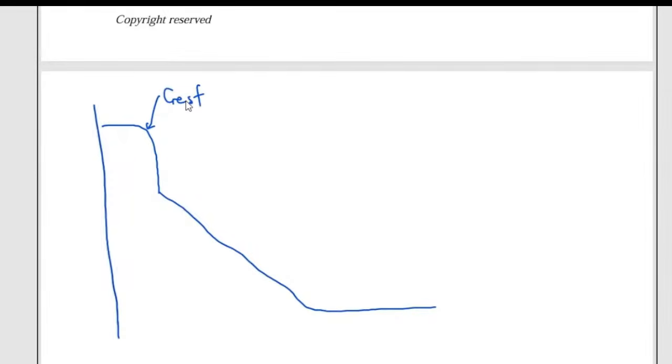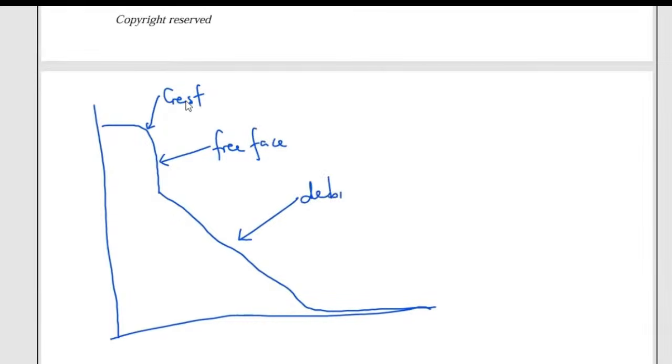Then we have the debris slope, and then the pediment. So we are starting from here, the crest. From the crest, we go to our free face, then to our debris slope, then to our pediment.